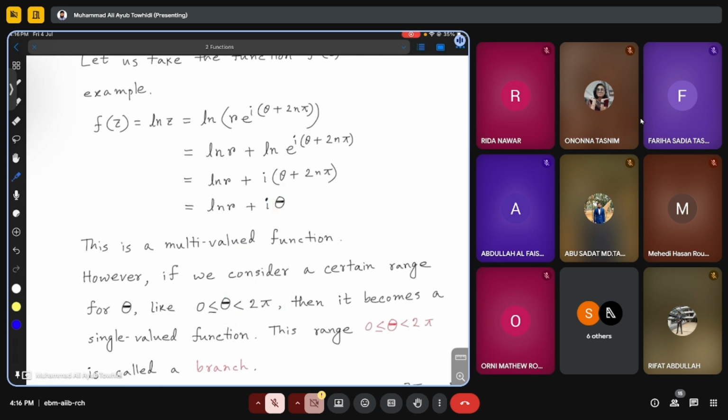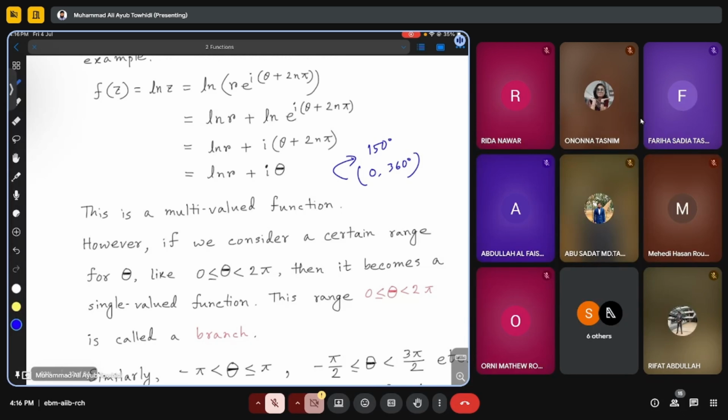So for example, if I say 150 degree between 0 and 360 degree, that is the only value, 150 degree. If you take 150 plus 360, it can also be written as 410, but that is not within this limit.